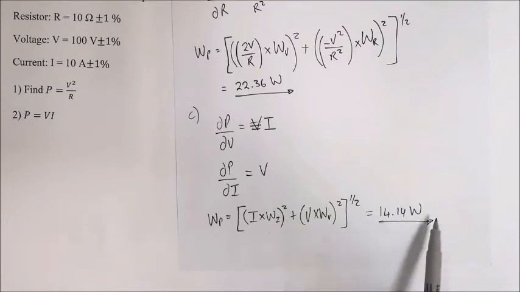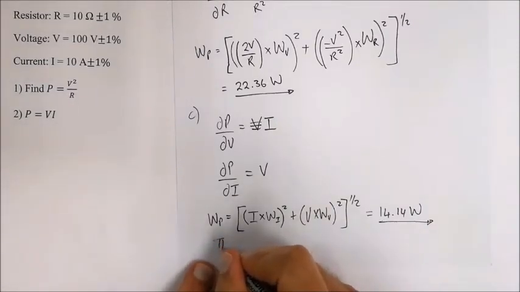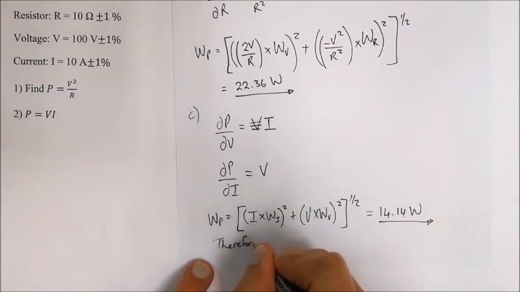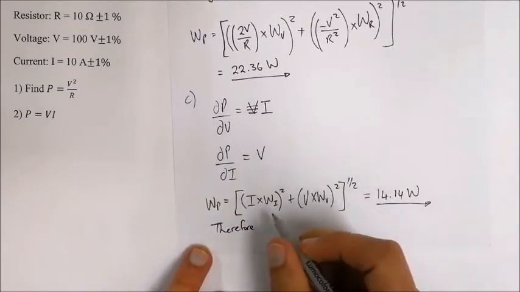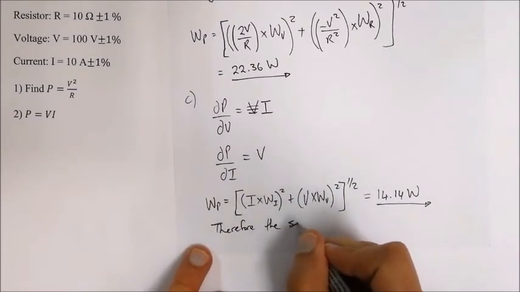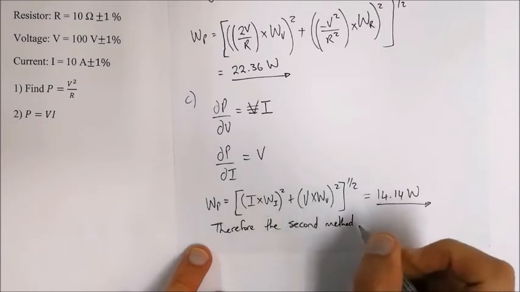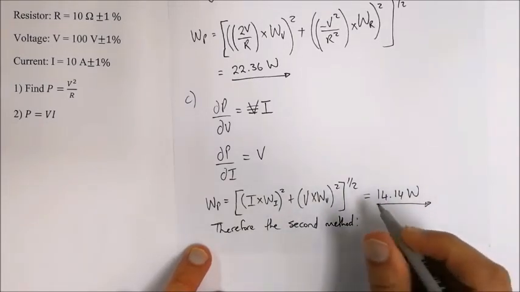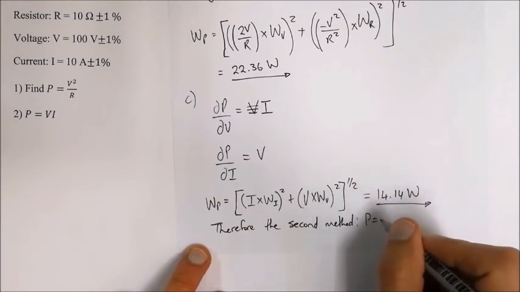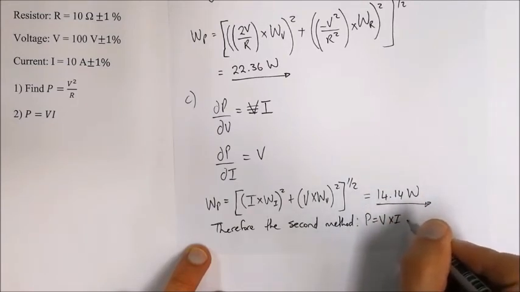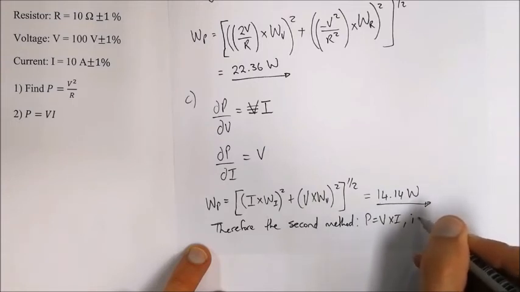So obviously 14.14 watts is smaller than 22.36 watts, and therefore the smaller value is more in favor. So therefore the second method, P is equal to V times I, is better.